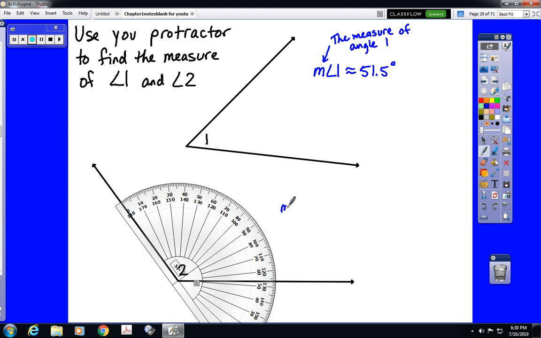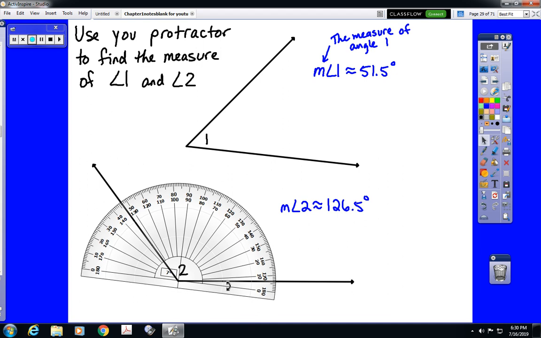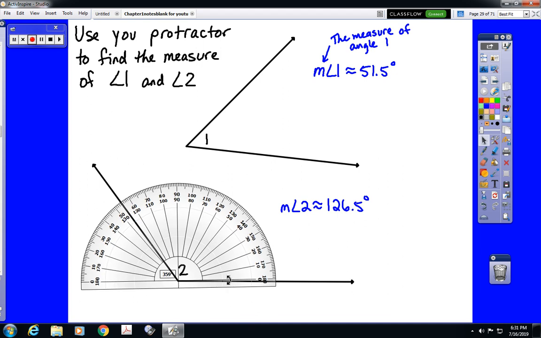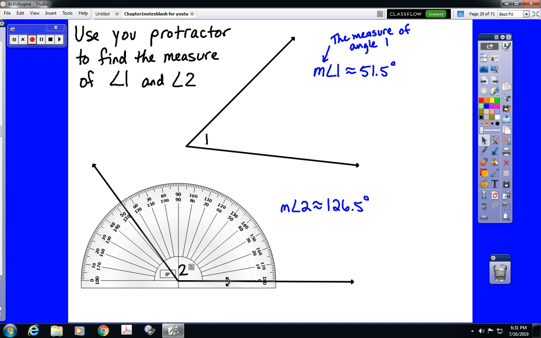So I would say the measure of angle 2 is approximately 126.5 degrees. Now again, if I lined up the other side of the protractor, so if I lined up this 0 line instead, I would simply be reading the other set of numbers. So if I line up my 0, 126.5. See how it lines up and you have to use the inner numbers?